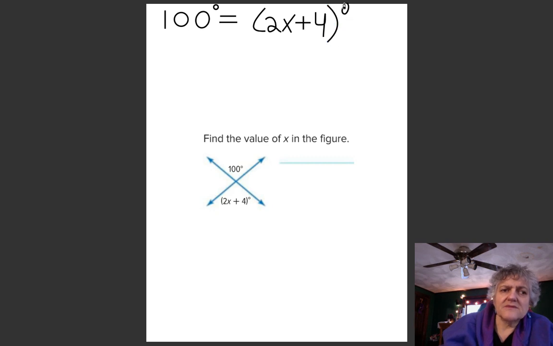And we're working in degrees because we're talking about angles, so let's make sure that we put that in there.